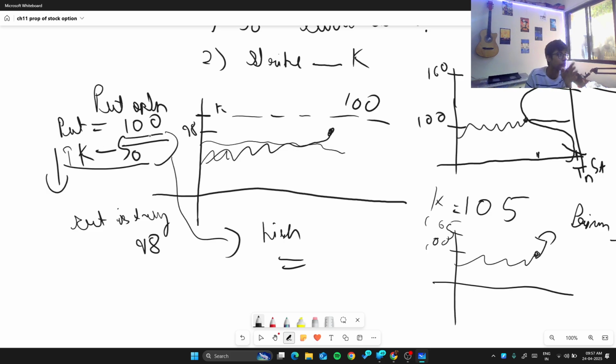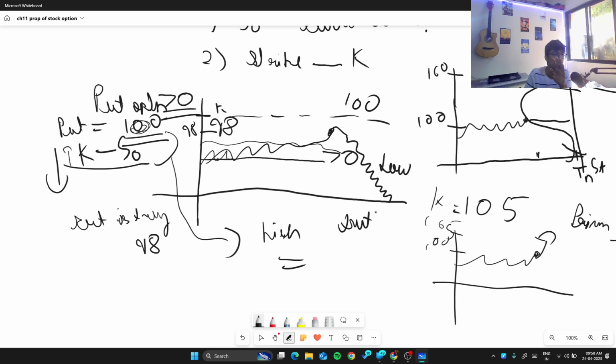Let's say in the same case the strike price is 70, and it is trading at 98. The probability of it going to 70 is very low. That's why the premium will be low.